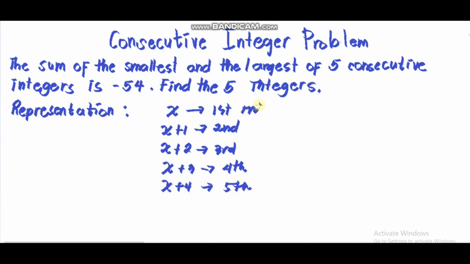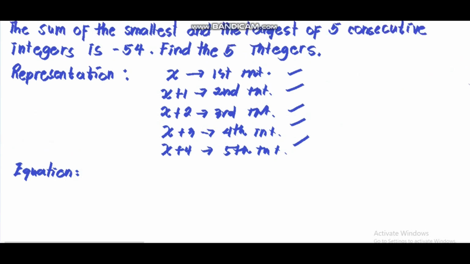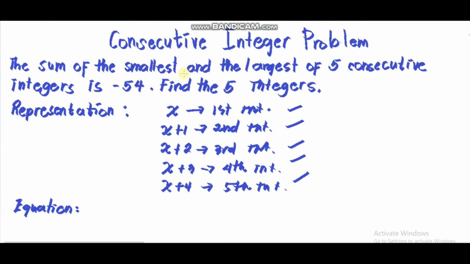So, integers na sila. So, shortcut on class. Okay. So, this is how you represent. So, check na mo ana. Then, let's have the equation. For the equation, we are going to read. So, again, you have here that the sum of the smallest and the largest of 5 consecutive integers. So you will not add everything just like number 1, but only the smallest and the largest.